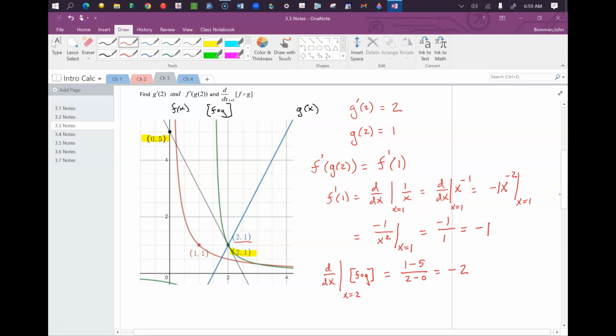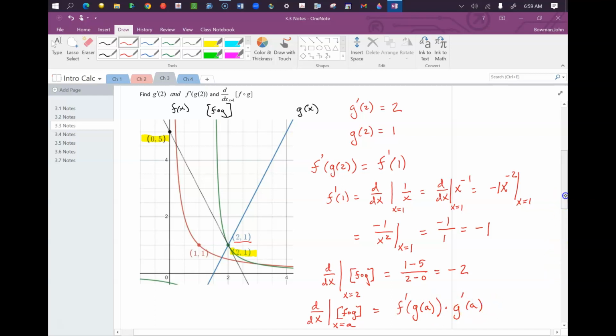All right, so now we're going to put all this stuff together, and we can see that the derivative with respect to x of f of g at x equal a is equal to f prime at g of a times g prime of a.